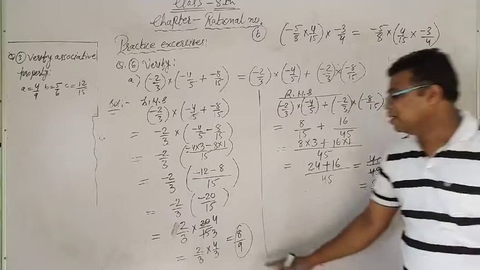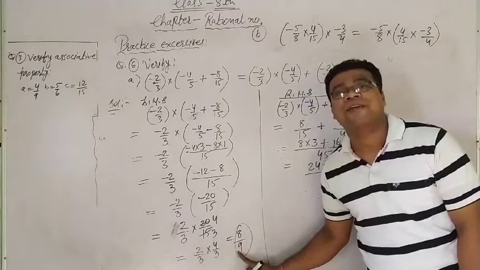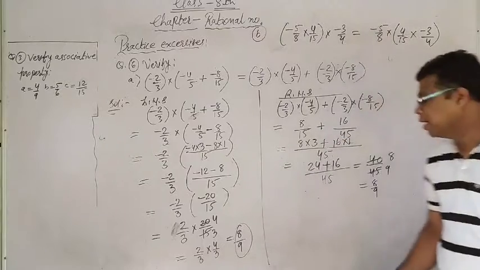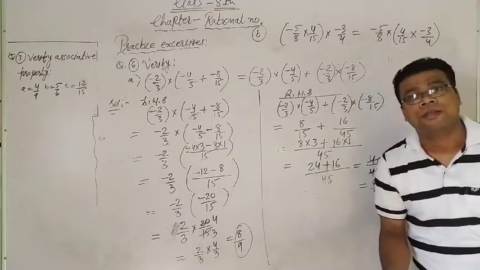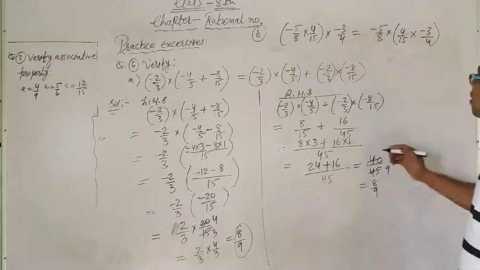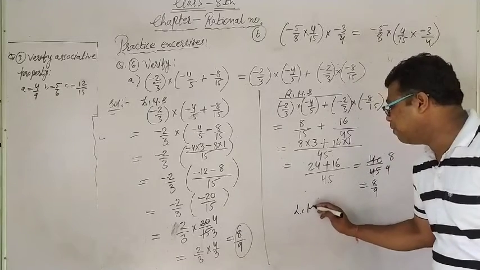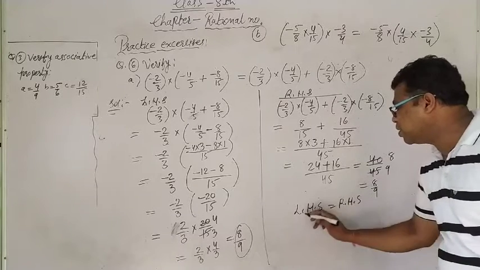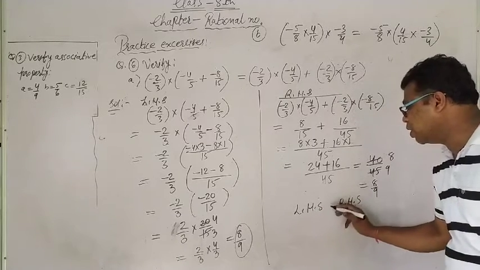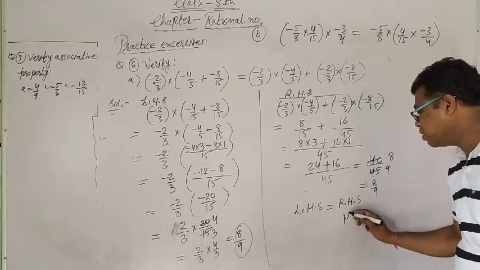Right now see, in the left hand side what we have received is 8 upon 9. In the right hand side what we are receiving right now is again 8 upon 9. Same. Yes. Means we can write down left hand side is equal to right hand side, and if both are equal to each other we can say hence proved.